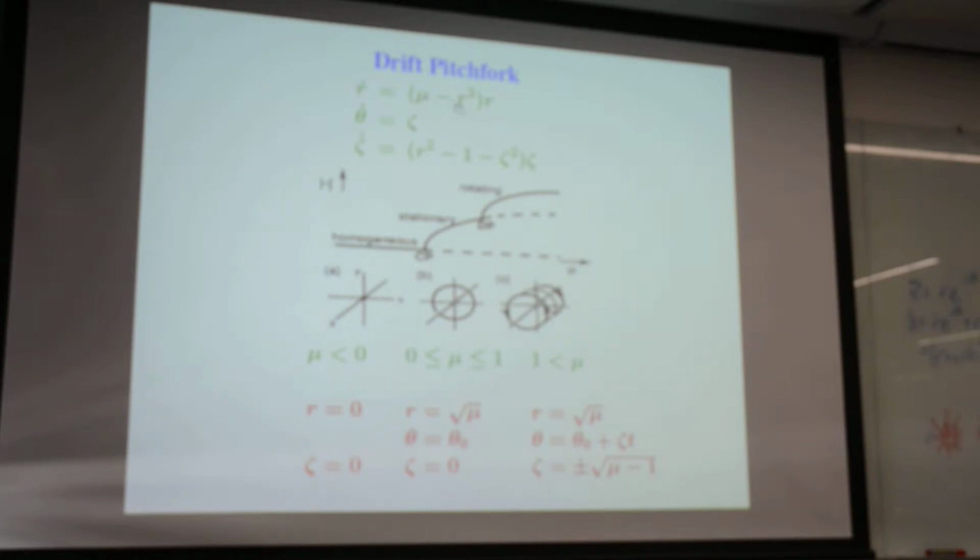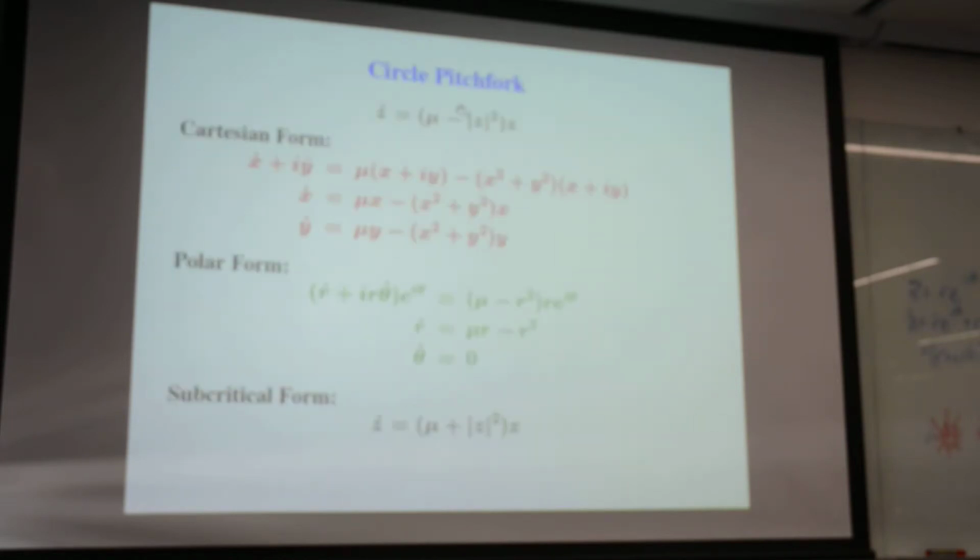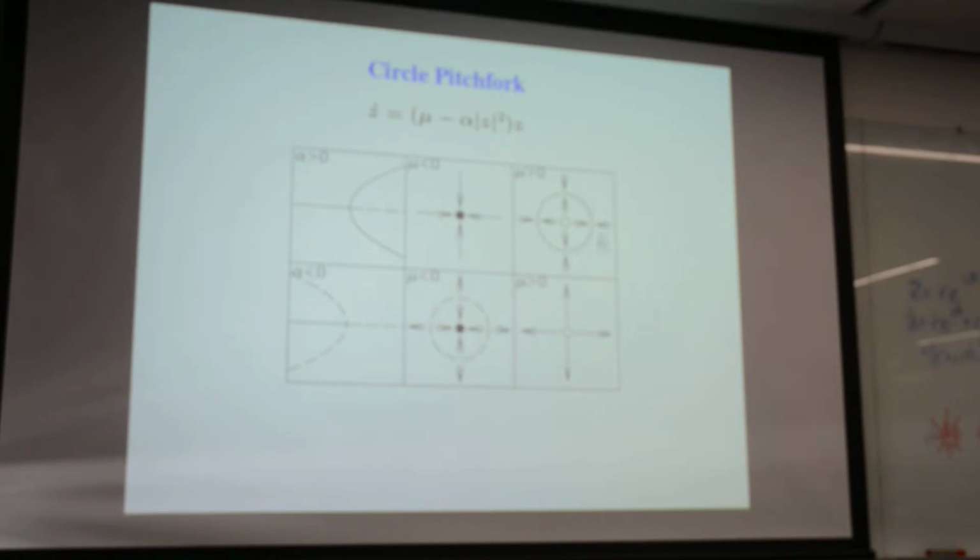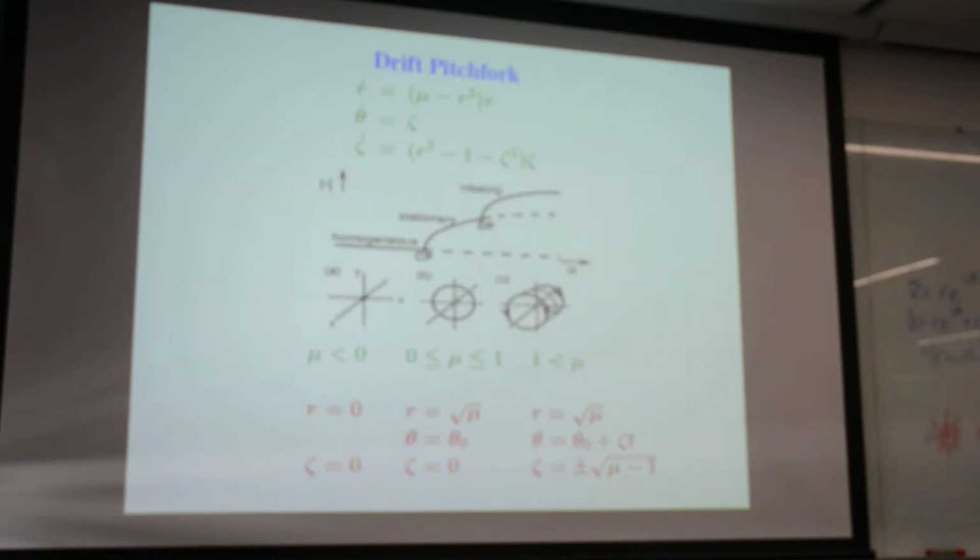When mu is positive, we know what happens. We just saw it over here. You have a circle's worth of solutions. And r is equal to square root of mu. R squared is mu. So we have mu minus 1 minus zeta squared.